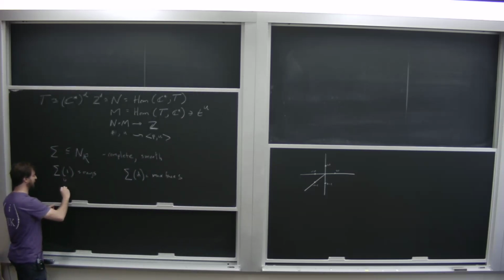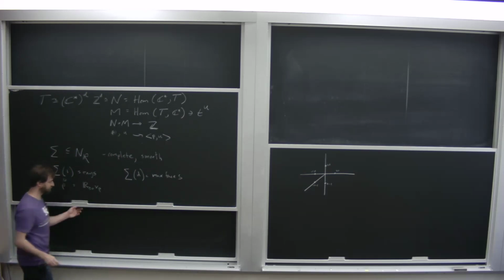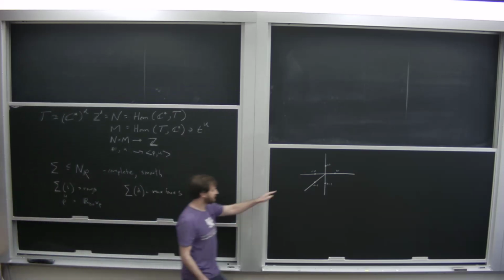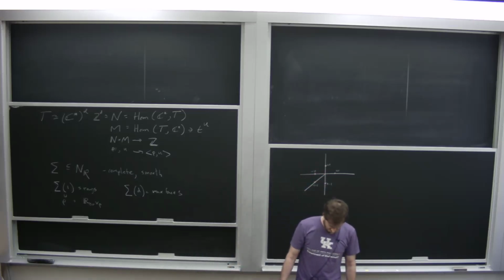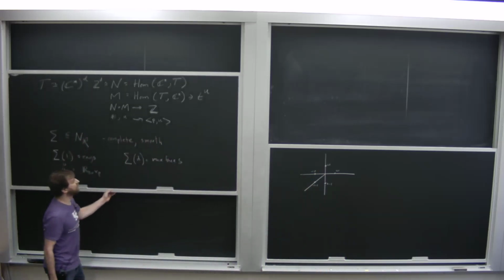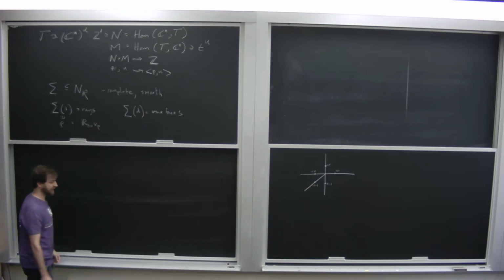And then for a ray, I mentioned this first lattice point. I'm going to denote that v sub the ray. All right. So that's these points in this picture I drew right here. So this is the combinatorial data of a toric variety.